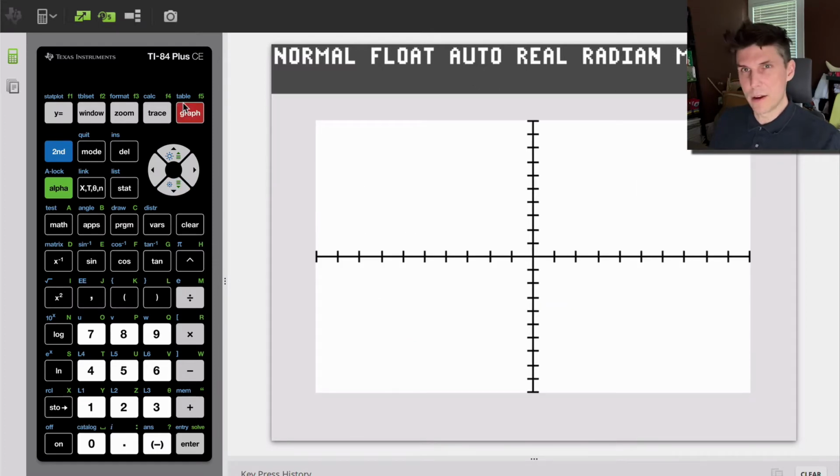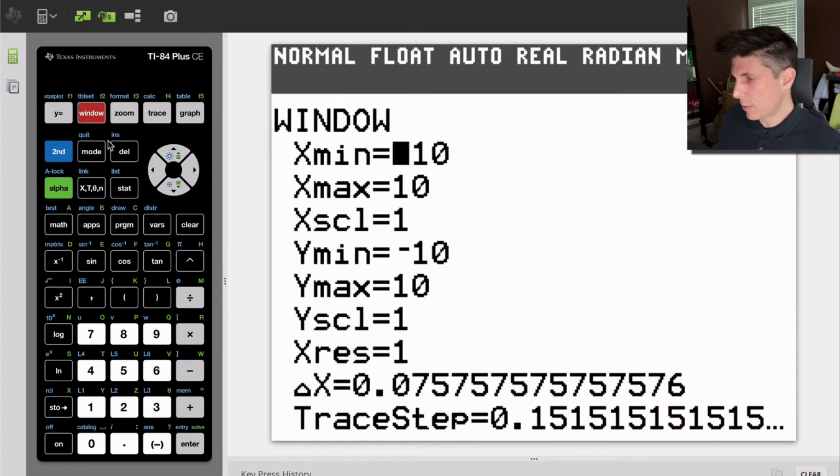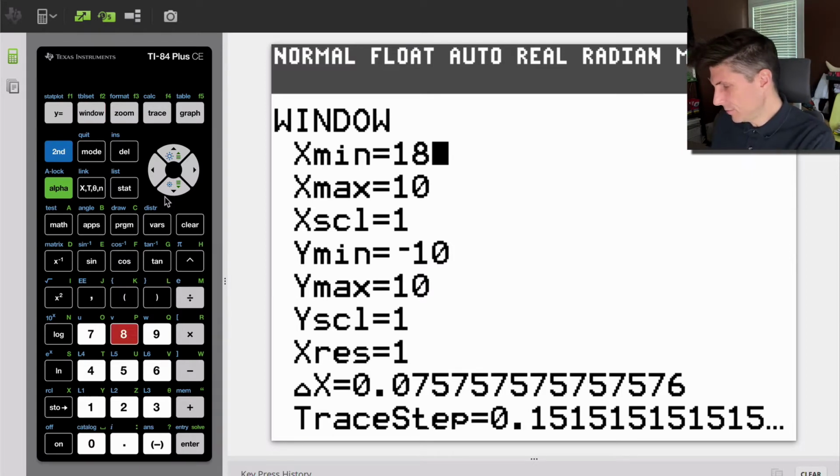Now I don't see anything there, right? The calculator is defaulting from -10 to 10 on the x-axis and -10 to 10 on the y-axis. But if we look at our data, we can adjust the window to fit it. So press the window button. Let's start our x-axis at 1890.